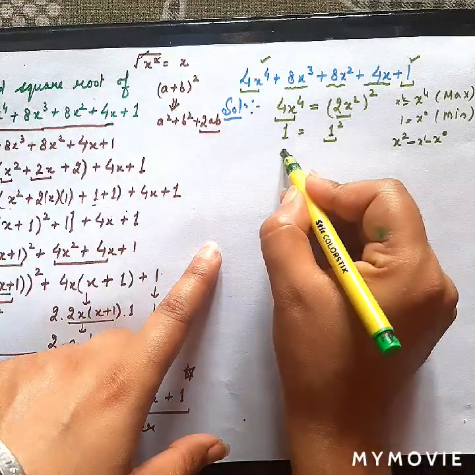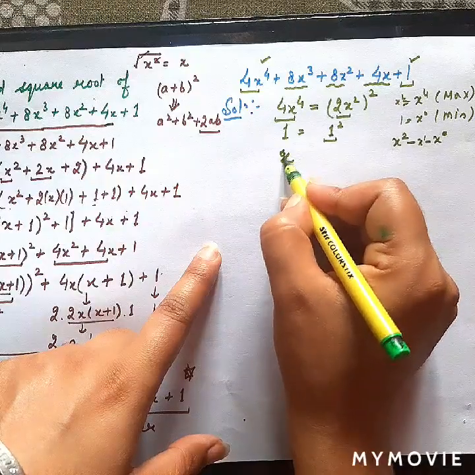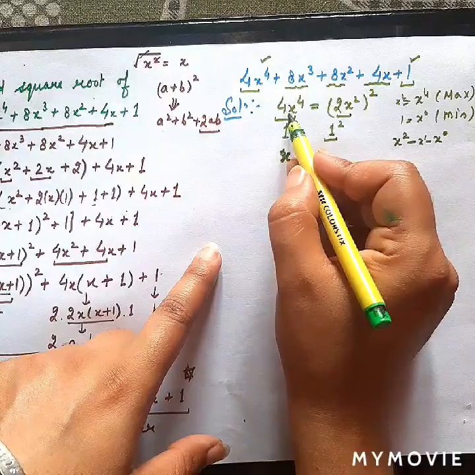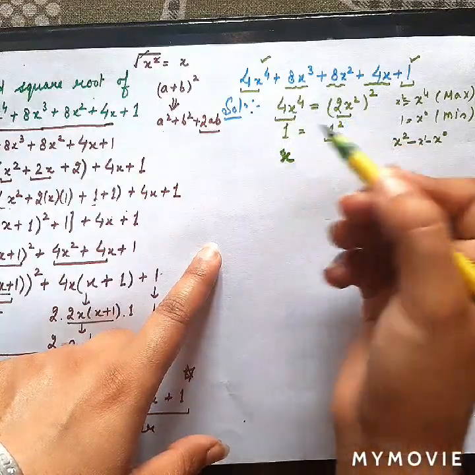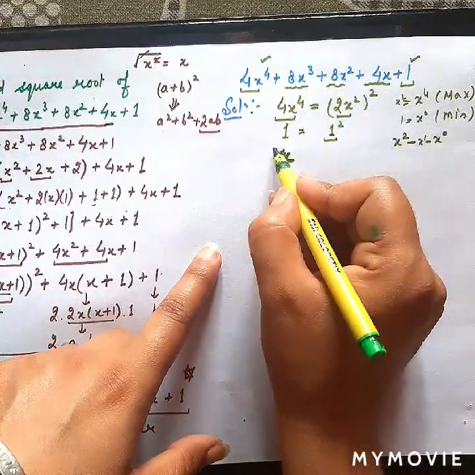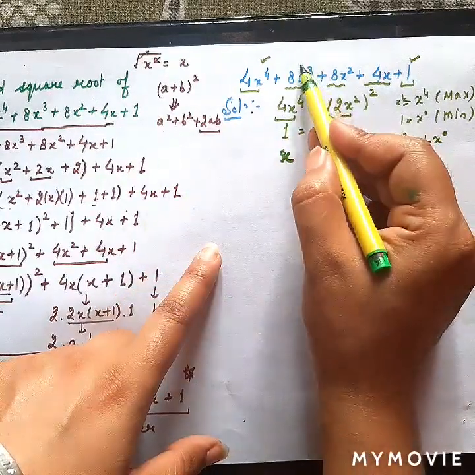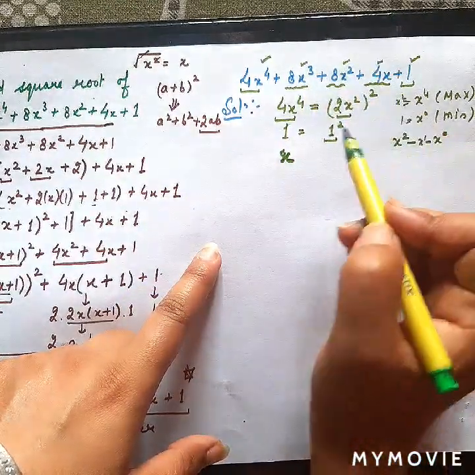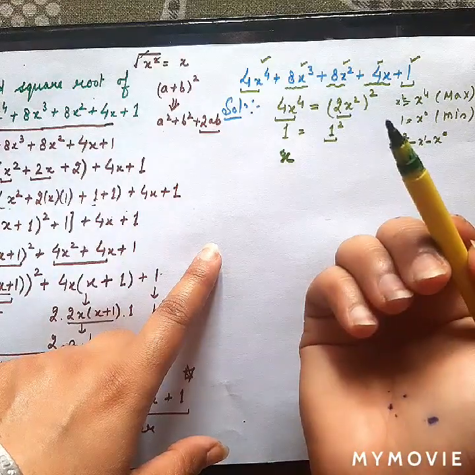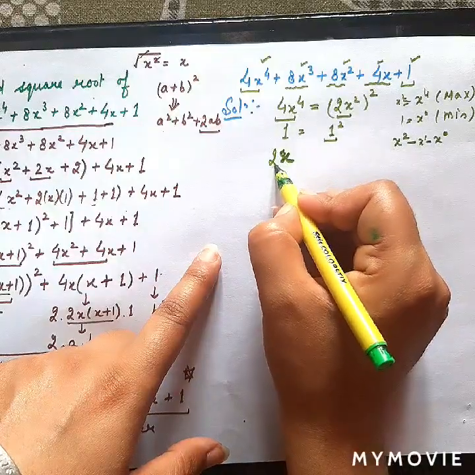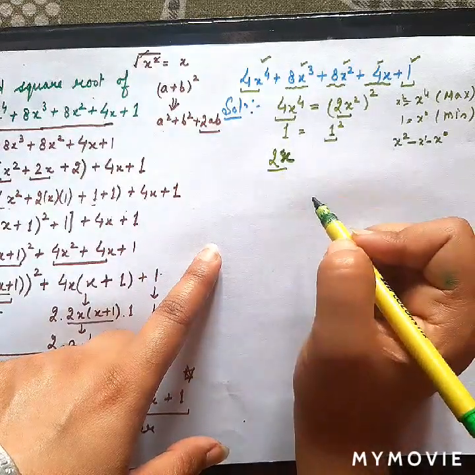So we need a term with x, and here we already have 4 and you cannot exceed more than 4. If you take 4 over here, then 4 multiplied by 4 will become 16, and there is no term equal to 16. What we need is 8 over here. So we will take 2, the middle term.